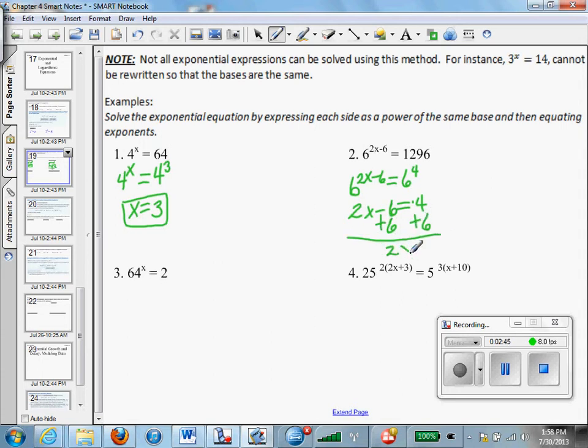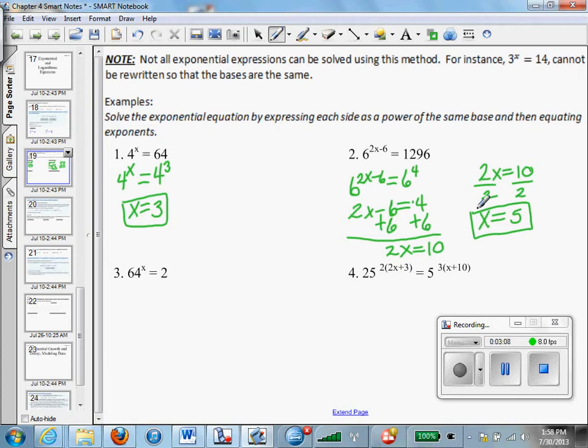So we're going to have 2x is equal to 4 plus 6, which is 10. So 2x equals 10. Let's solve for x by dividing both sides by 2. So x equals 10 divided by 2, or just 5. x is equal to 5.